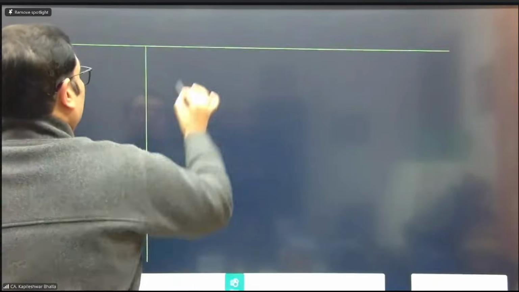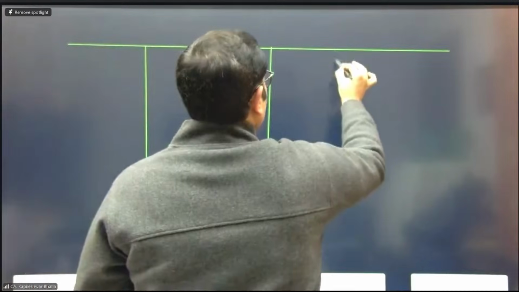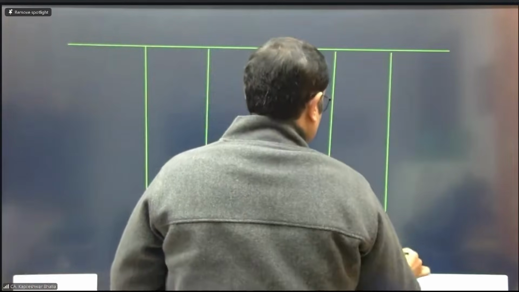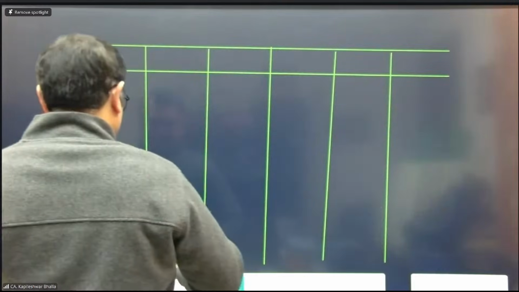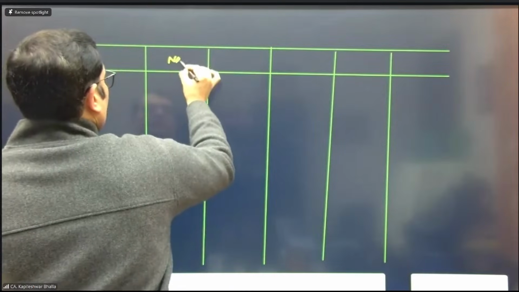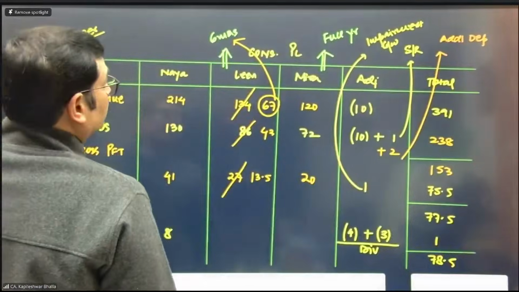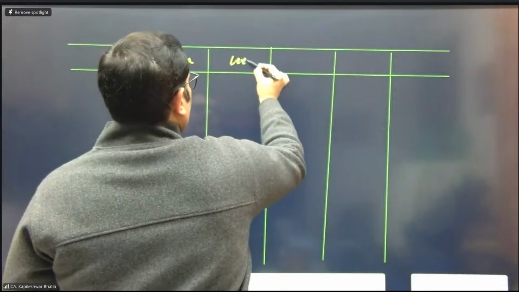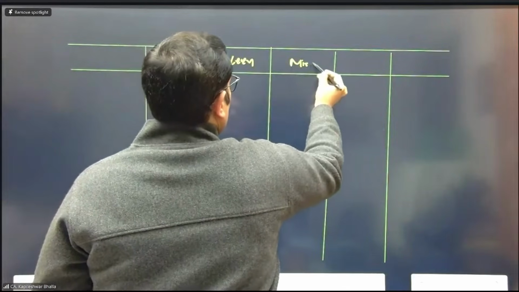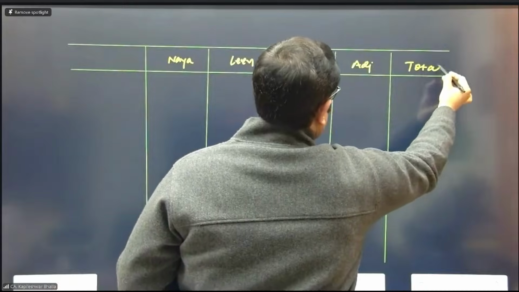So we've got 1 column for the parent, 2 columns for the subsidiary, 1 column for the adjustments, and the total. So we've got Navya, rather, Lean Mira. This is Lean, this is Mira, this is adjustments, and this is total.